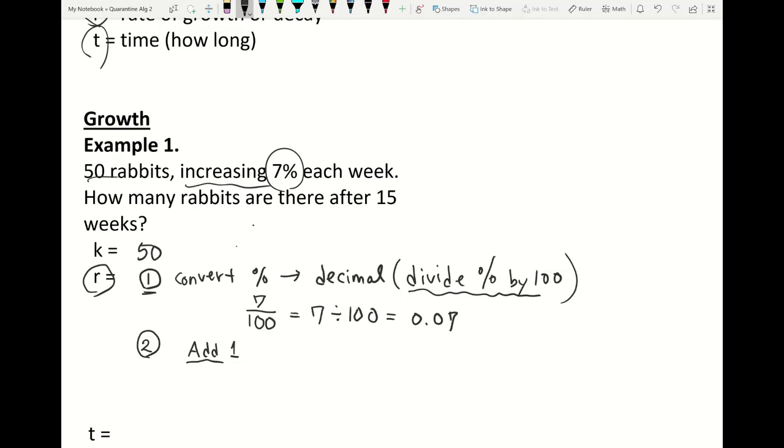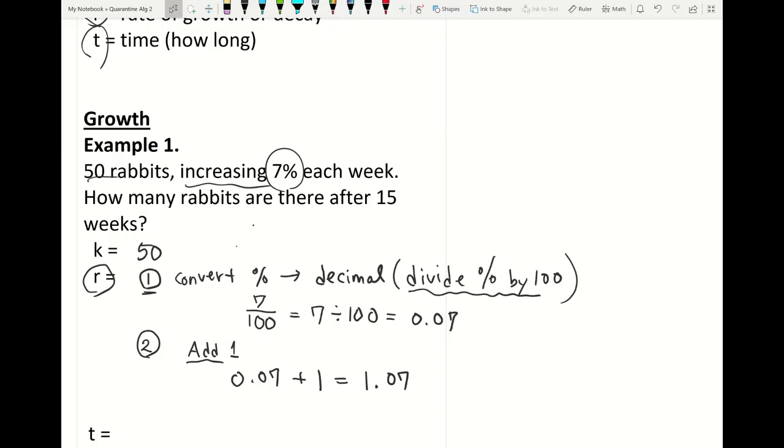Okay. Now next we have to add 1. Now why is that? Well, let's actually first of all do that. So you're going to do 0.07 plus 1, which is going to be 1.07. Now, what is that 1 doing there? What is 1 in percentage? 1 is 100%, isn't it? If you have one whole of something, that's 100%. Because we're going to use 1.07, which means 107%.